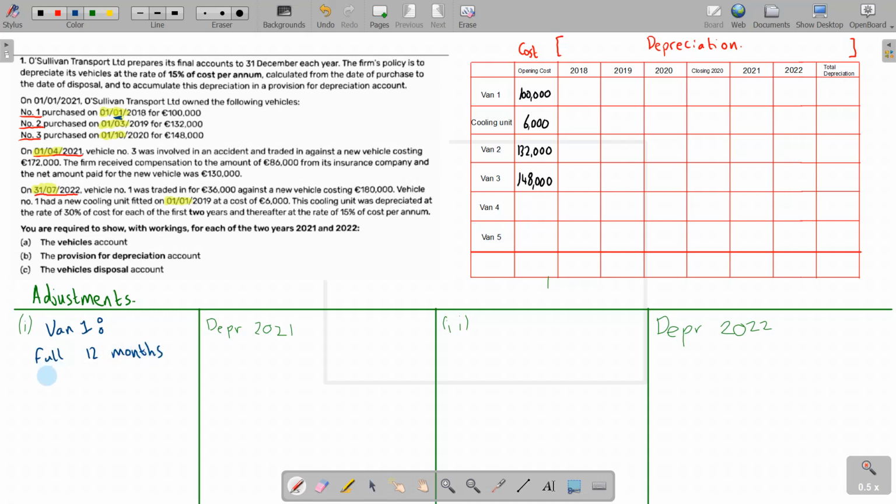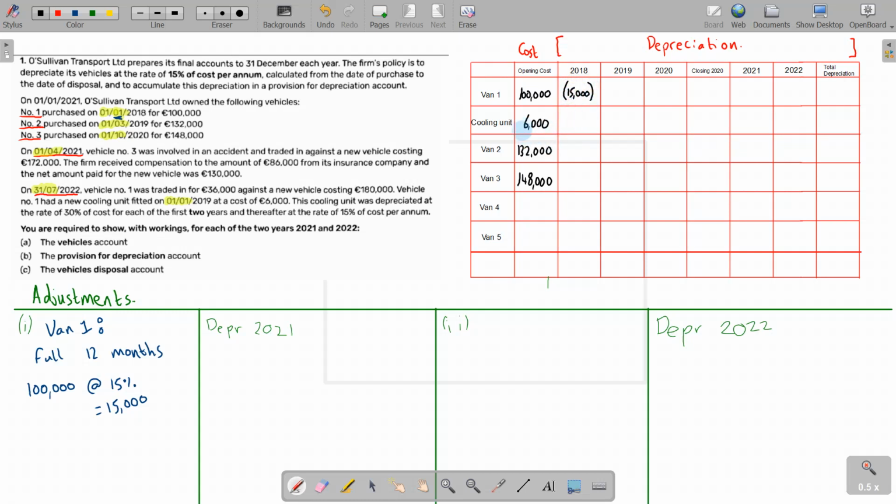So we know it's 100,000 at 15%, and it's 12 months. So it's 12 over 12, or just the full 15. We don't have to worry about anything else. So that's a nice question, and it's just 15,000. So we're going to put 15,000, with brackets for a minus.